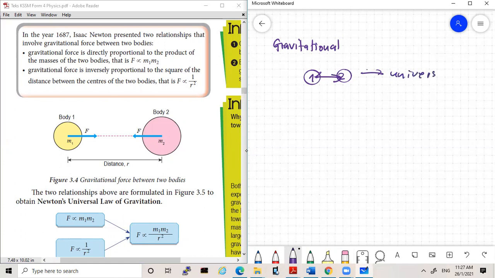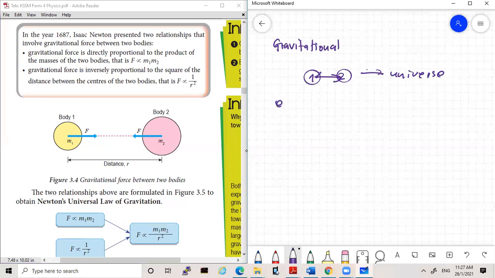A force exists between the two objects no matter what the size or the mass of the objects. As long as we have two objects in the universe, there must be a gravitational force.